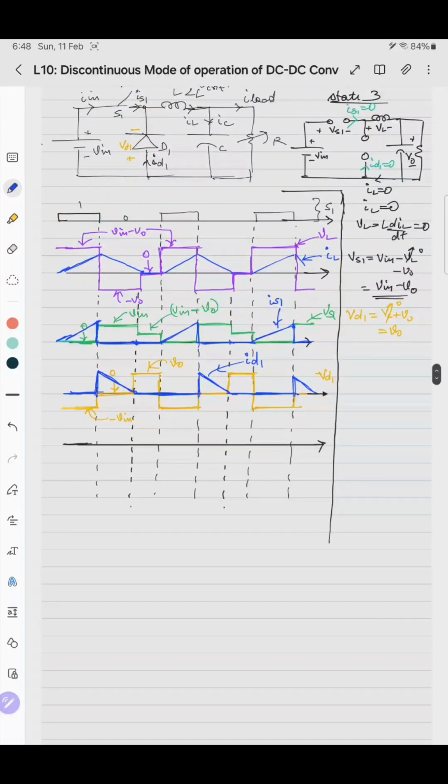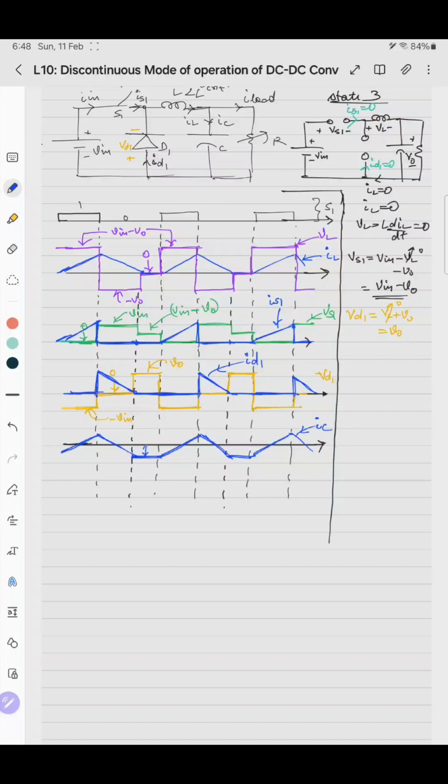It will be like this, till here and then 0. This will be the capacitor current waveform. This will be IC.